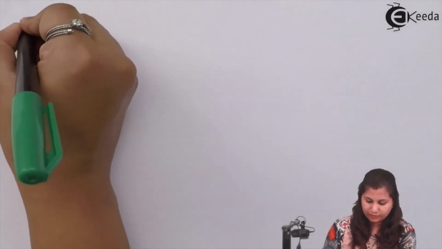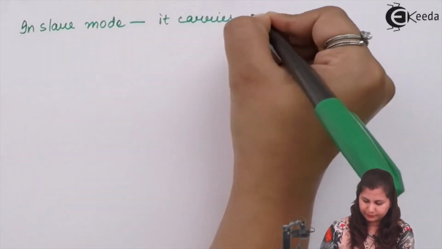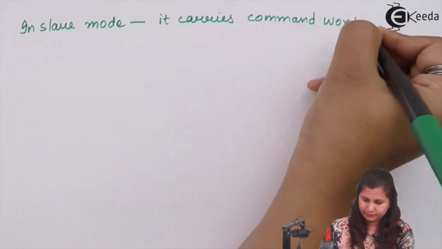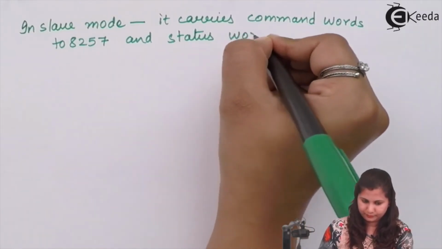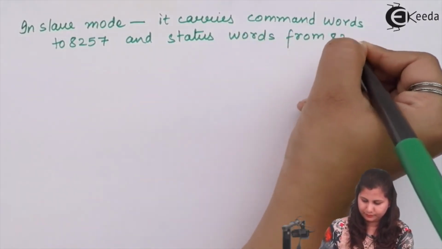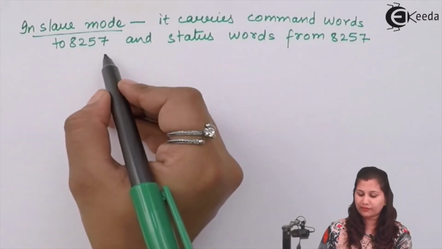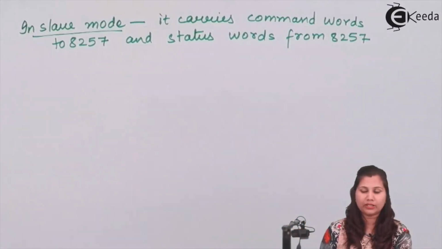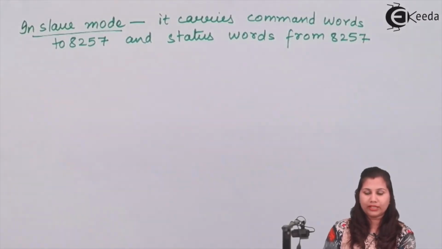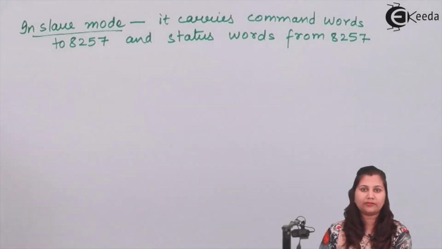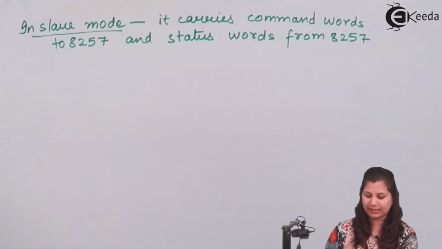So in slave mode, it is carrying the command words to the 8257 and status words from the 8257. Command words give the commands to the channels of the 8257, and status words give the information about the status of the channels and the request signals.